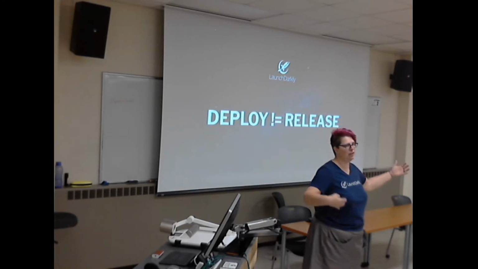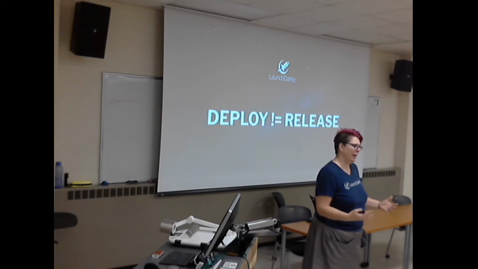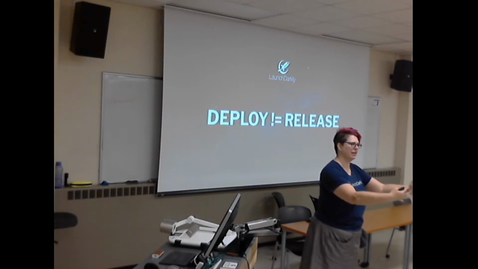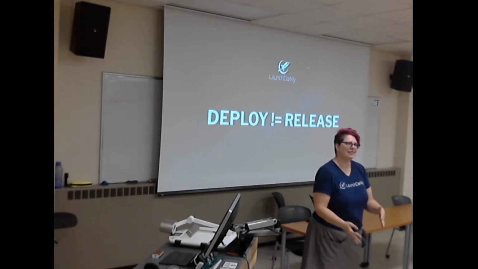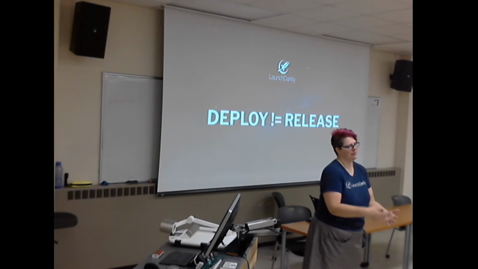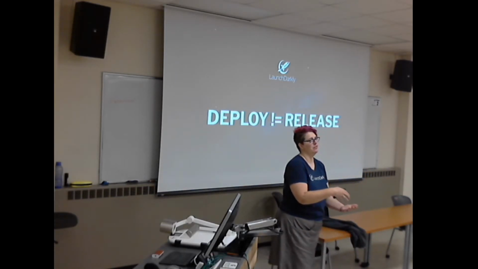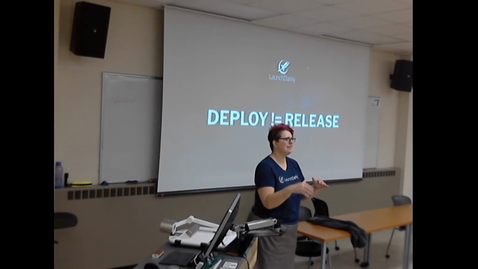It might be APIs, whatever it is. You need to get it out there. That's the internal, what we do every day is get code out. Release is where we find the business value. Release is the moment that it starts to make money or save money. Release is not necessarily a DevOps problem.